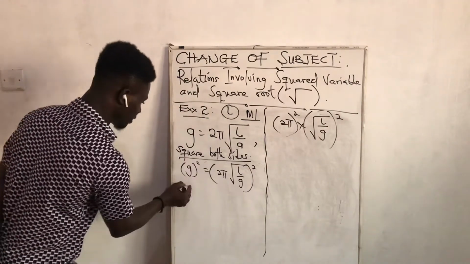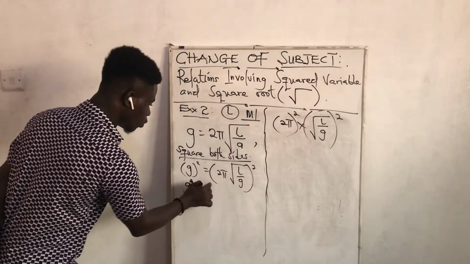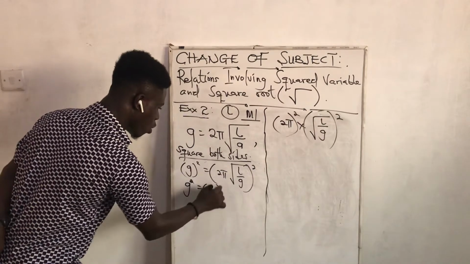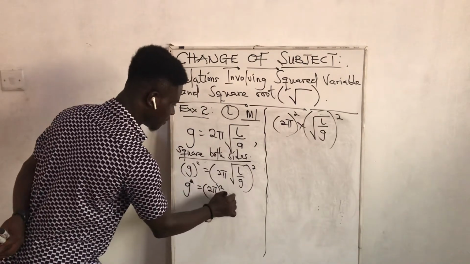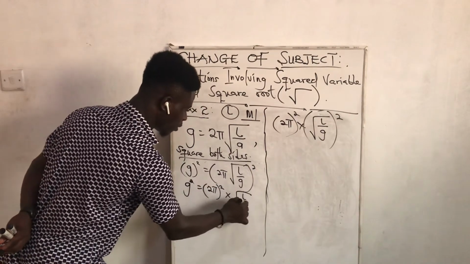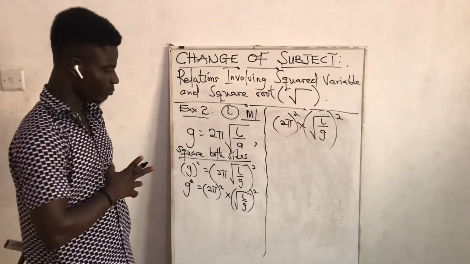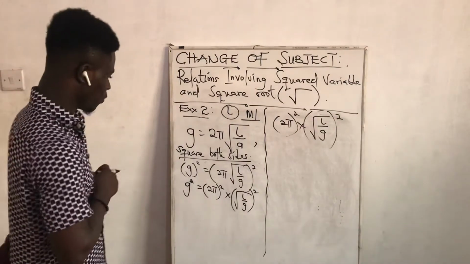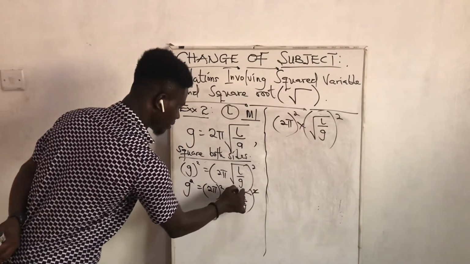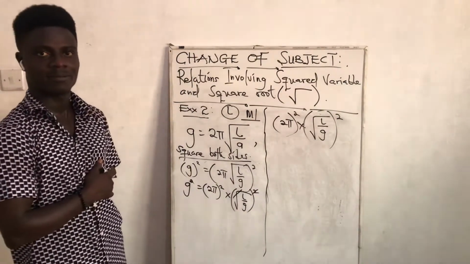So g squared will be equal to 2 pi all squared, then times square root of L on g all squared. Please, are you following? So now this square root takes that, right?